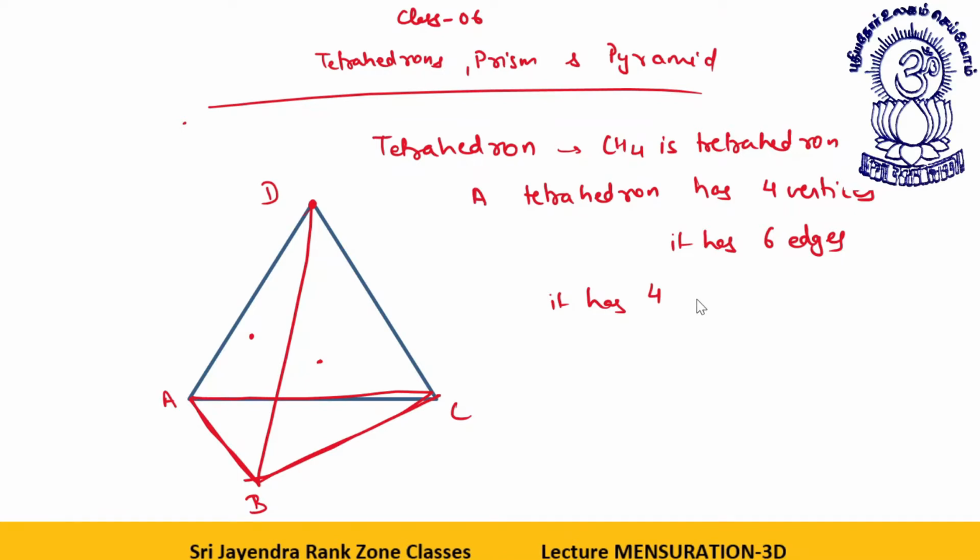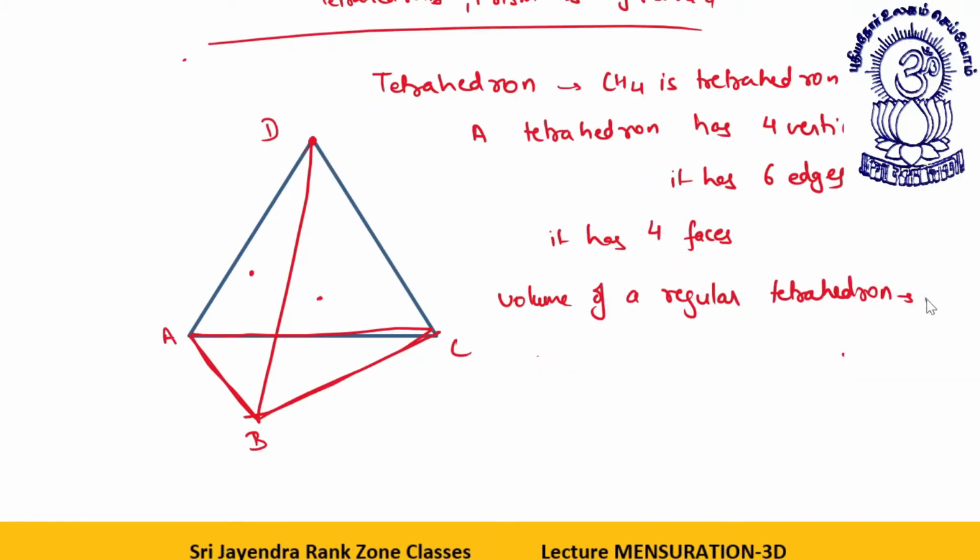Four faces. A regular tetrahedron will have four equilateral triangles. Now comes the volume. Volume of a regular tetrahedron is root 2 upon 12 a cube.